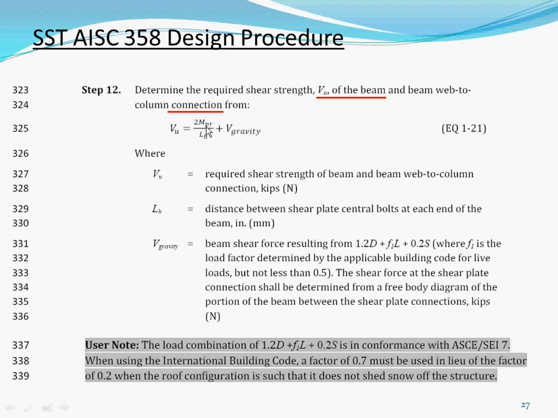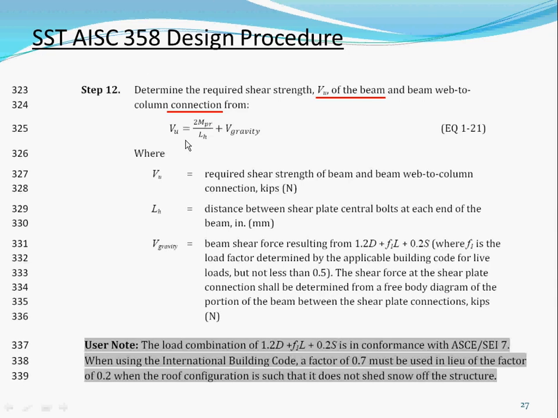So we want the MP divided by LH. Here's the shear tap. This is the capacity. This is the maximum capacity, assuming all the links yield, that you're generating as a shear capacity. And in addition, we want to add in the gravity as well. So this one, I'll show you what we mean by that later on. What do you mean by the VU?